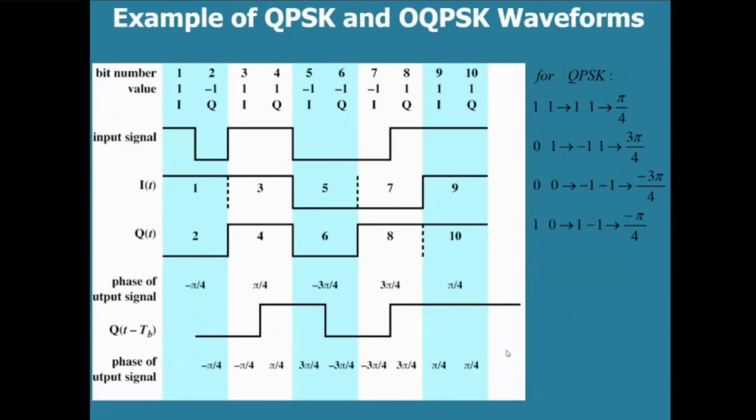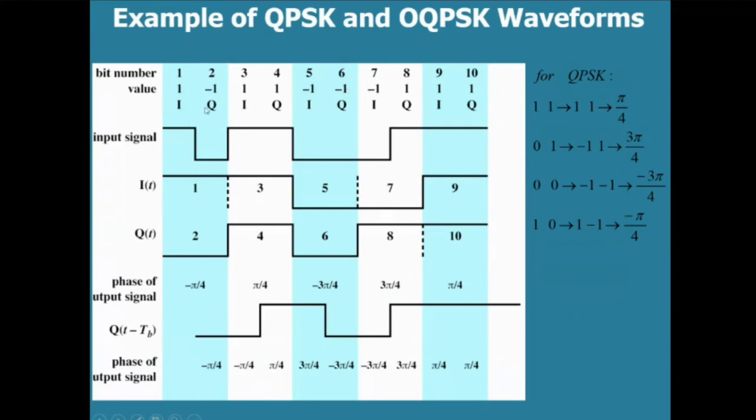Example for QPSK and offset QPSK waveforms. Here the digit is your bit number, position value 1, 2, 3, 4, 5, 6 up to 10, and the value. Using line coding techniques, we can convert your binary digits 1 and 0 into different forms: unipolar, bipolar, non-return to zero, return to zero, or some other forms. So here 1, minus 1, 1, 1 is your binary bit value.